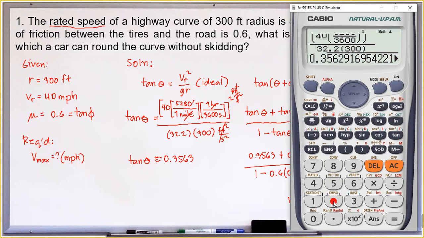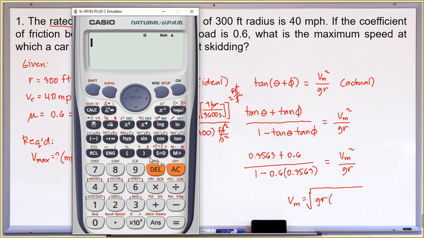So ato na siya i-simplify. So we have 0.3563 plus 0.6 divided by 1 minus 0.6 times 0.3563. Okay, so we have 1.2163.